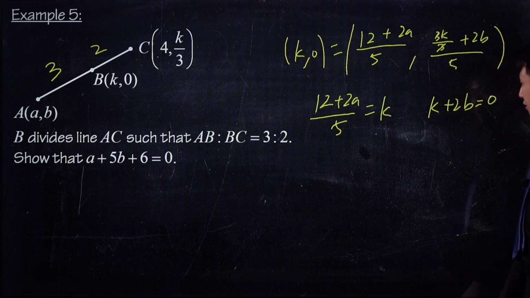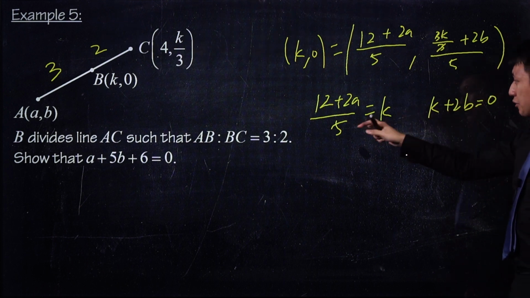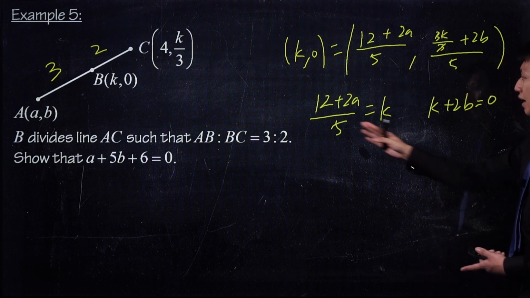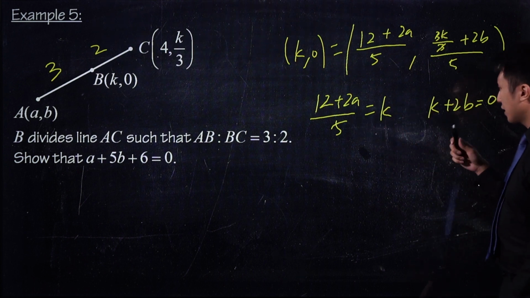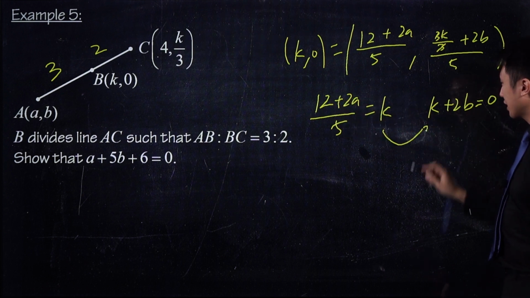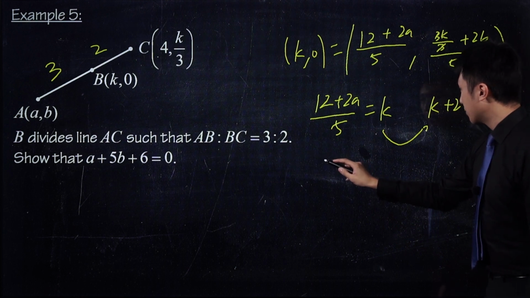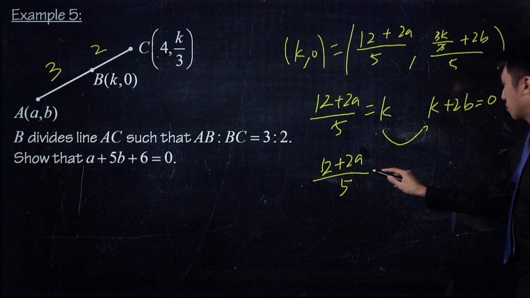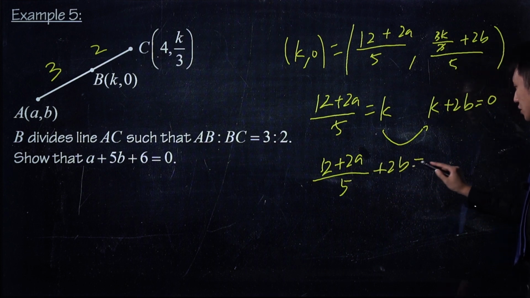I kind of want to sub this one into this one, it's easier that way, correct? But actually both ways are the same. Or you can directly put this one here. So 12 plus 2A divided by 5 plus 2B is equal to 0.